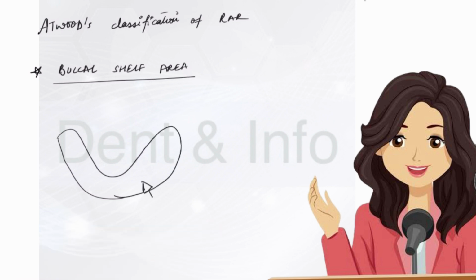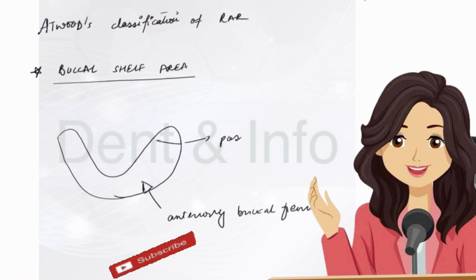It is bound anteriorly by buccal frenum, posteriorly by starting point of retromolar area.